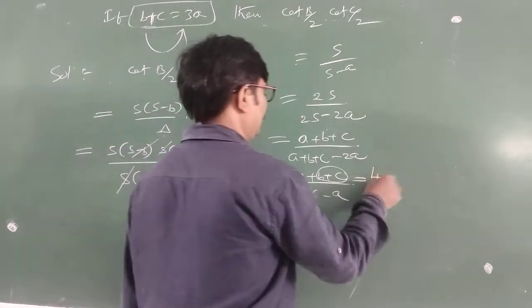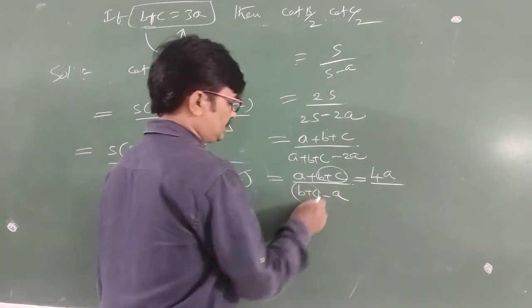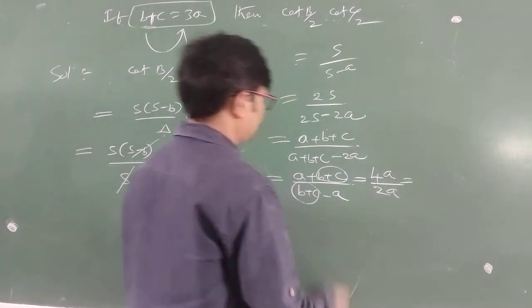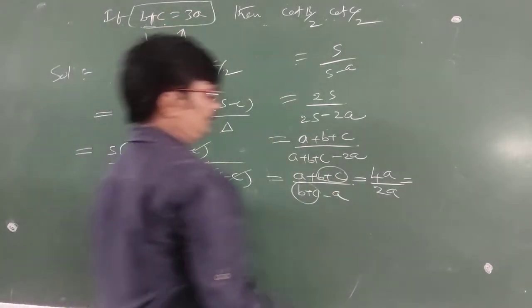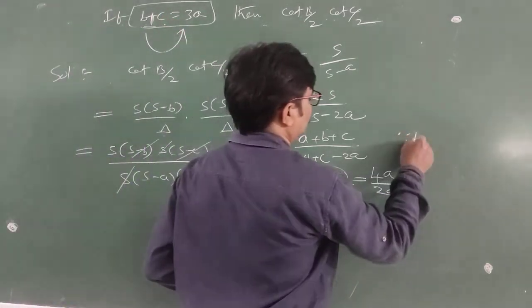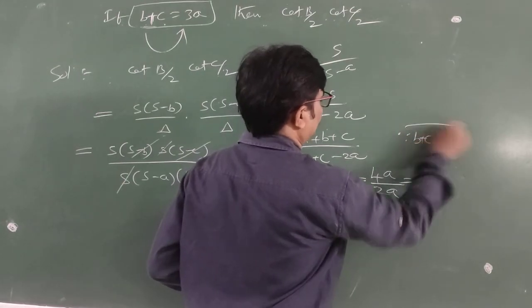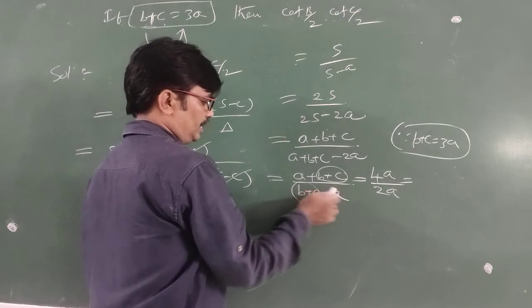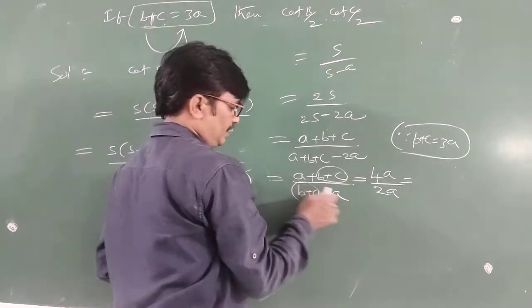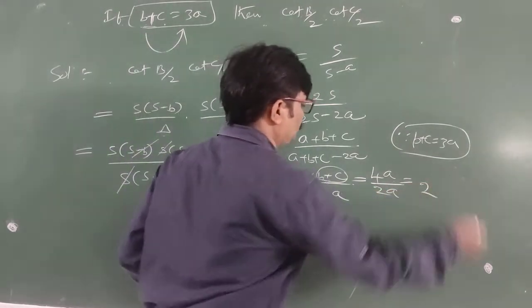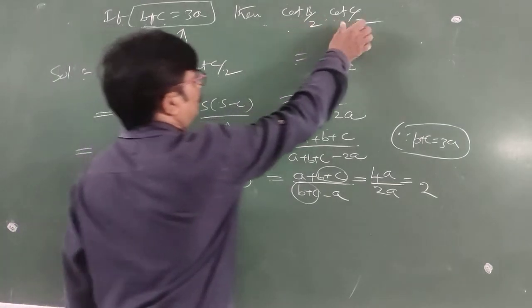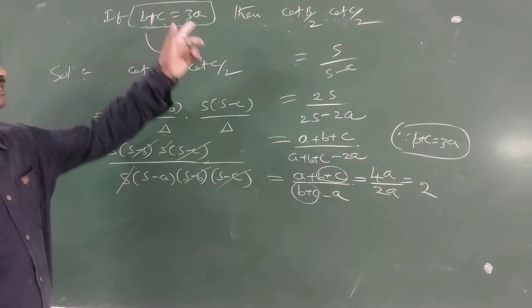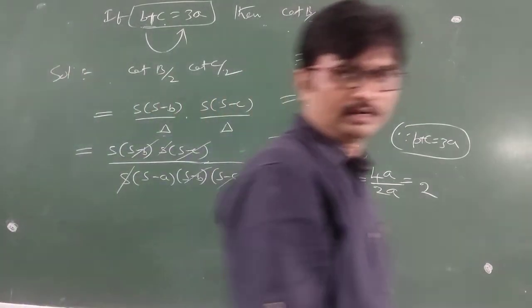A plus 3a is 4a. 3a minus a is 2a. So that is 2. The cot B by 2 into cot C by 2 is 2 if b plus c equal to 3a. Write down students.